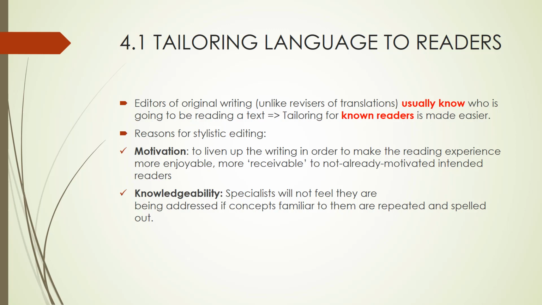Sometimes if we use a language that is too plain or simple, then a specialist, the expert, will feel that they are not being addressed properly if the concepts familiar to them are repeated and spelled out and too explicit.